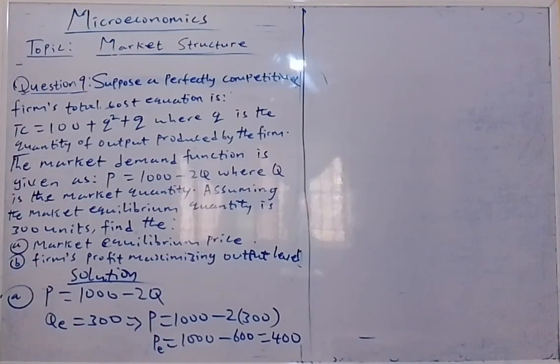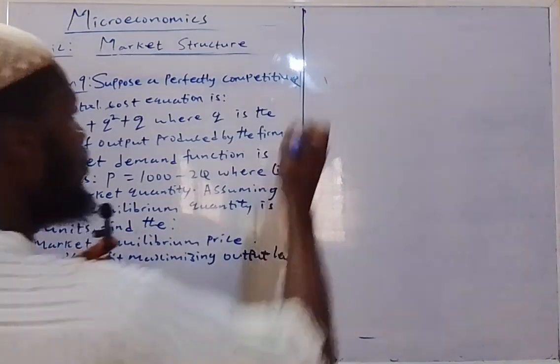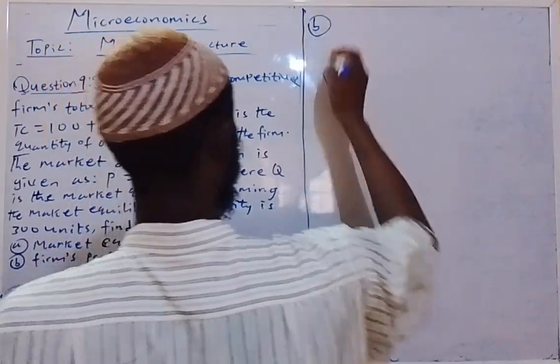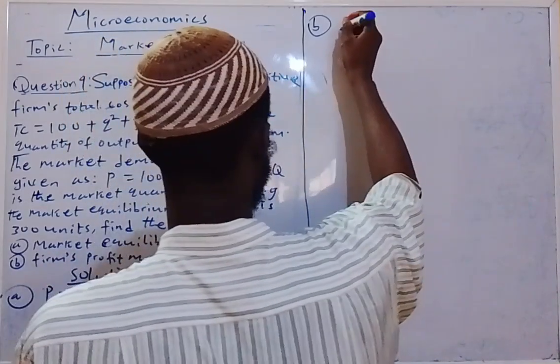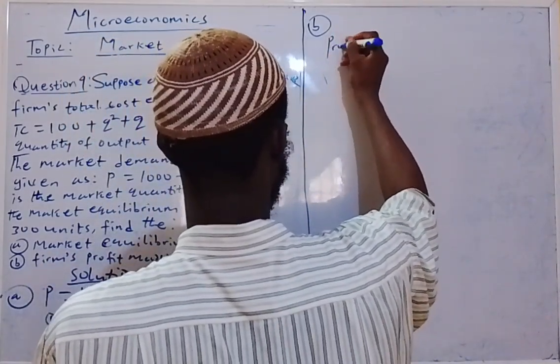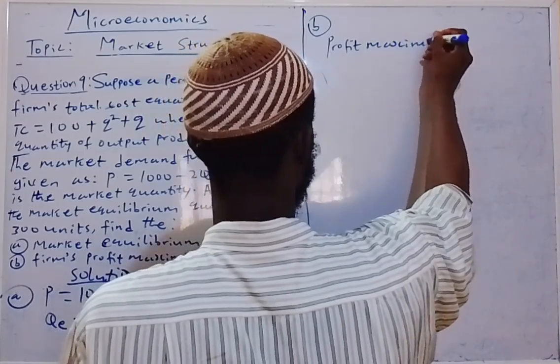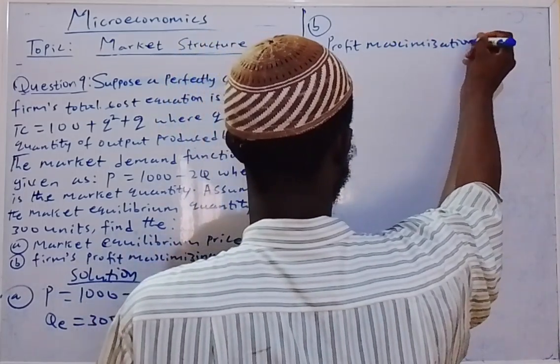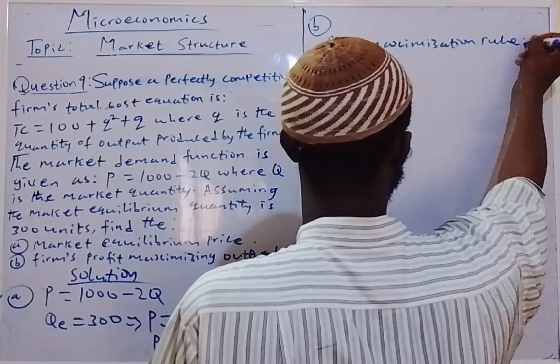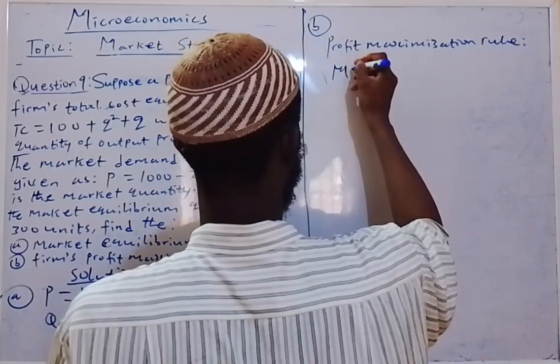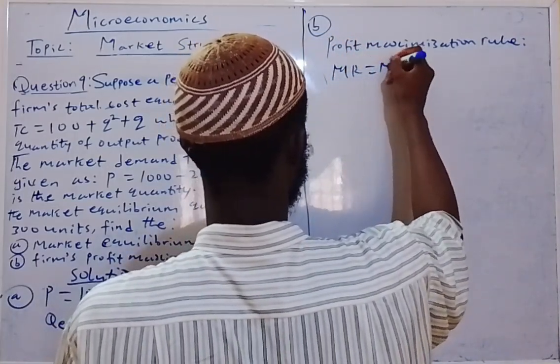So the question says find the firm's profit maximizing output level. B, profit maximizing output level. So you are going to recall the profit maximization rule. That is MR is equal to MC.